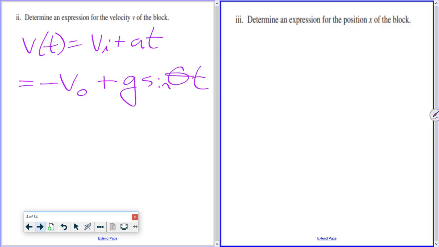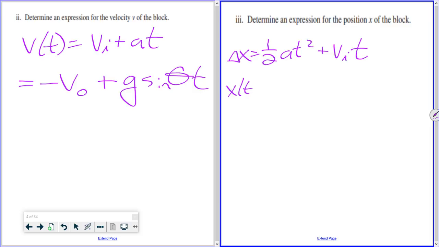Roman numeral 3, determine an expression for the position of the block. So remember, delta x is our position at time t minus our initial position, right?